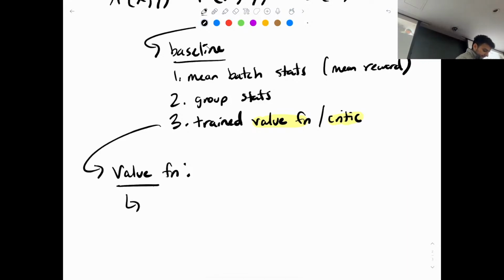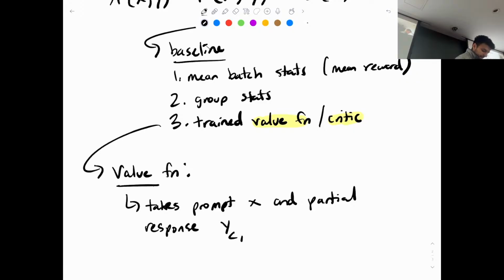So basically, it takes the prompt X and partial response, and we'll use our notation here, y_{<i}, meaning all of the tokens of y before some position i, and it predicts the reward at the end of this full response.